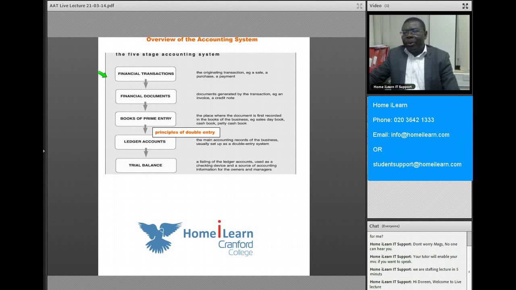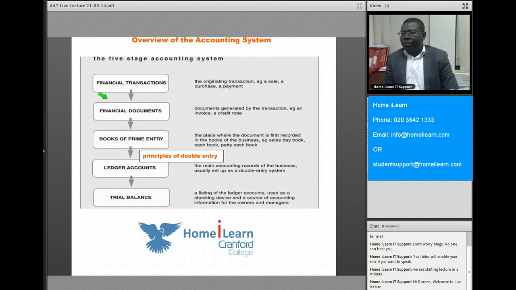It starts from the financial transactions, and we have evidence of what we call a financial document out of every transaction. Now, this document will first be recorded in the books of prime entry. So that's quite important.